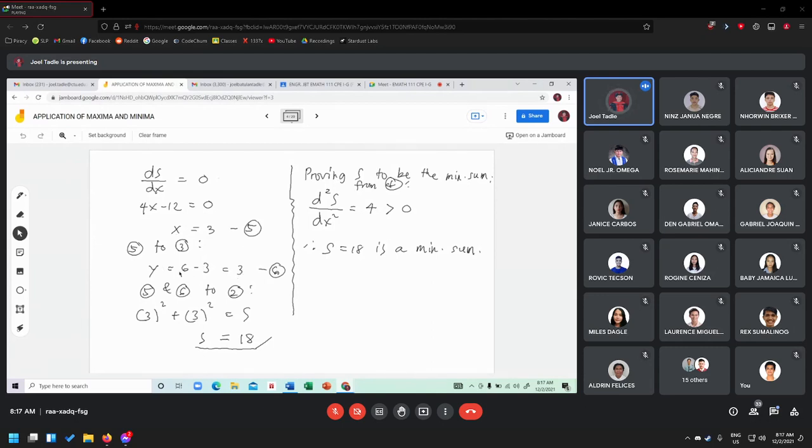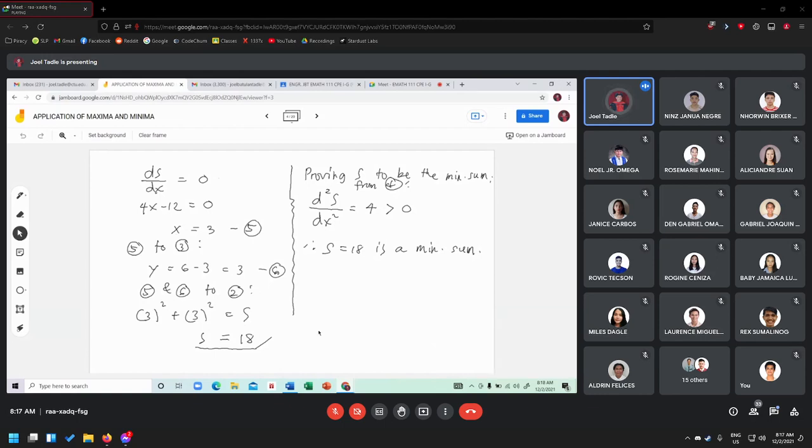So y is equal to 6 minus 3, equals positive 3. Then substitute again these values of x and y to equation number 2 to determine the minimum sum. So 3 squared plus 3 squared is equal to 18. That's our final answer. The minimum sum is positive 18.